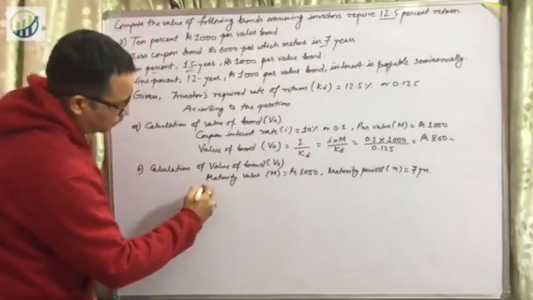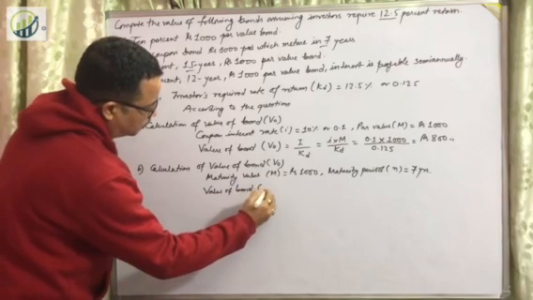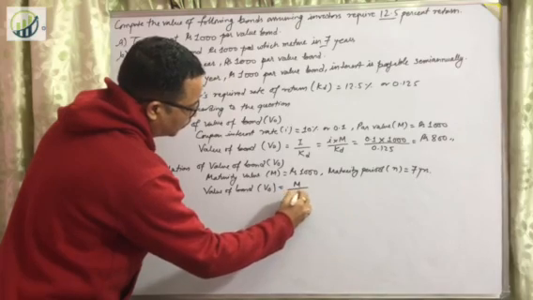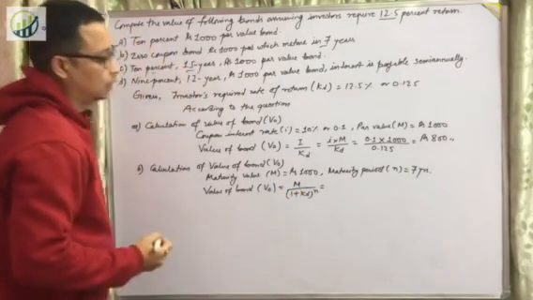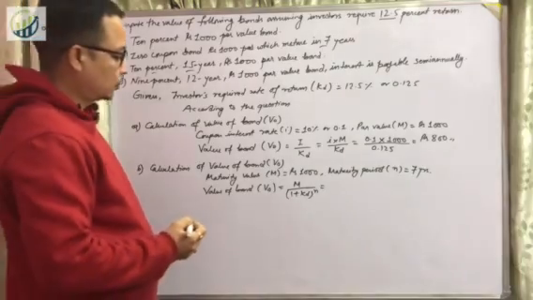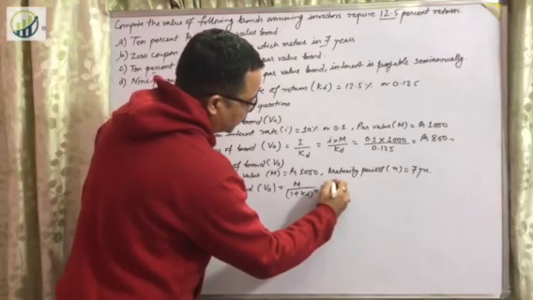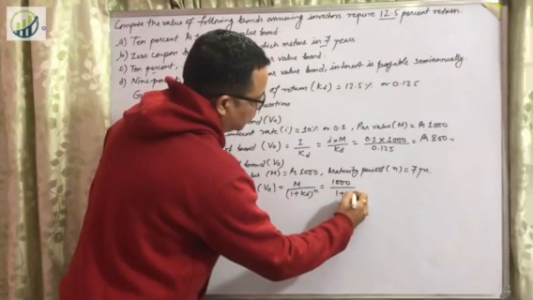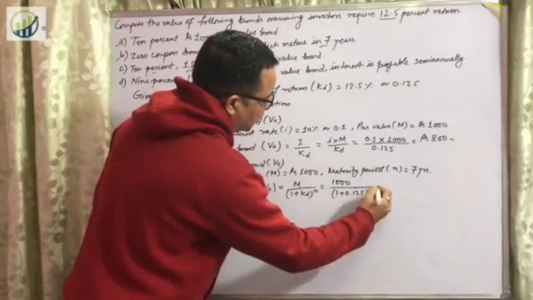So now let's find the value of bond. Value of bond B0 equal to M upon (1 plus KD) power n. So this is the formula for calculating the value of zero coupon bond. So here M is 1000, then 1 plus KD, 0.125, power n is your 7.